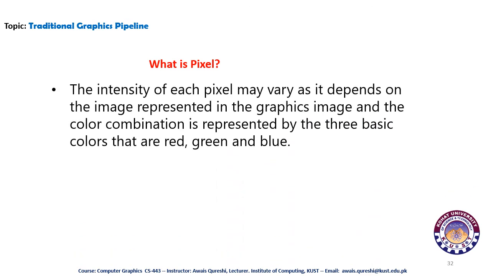The intensity of each pixel may vary as it depends on the image represented in the graphics image, and the color combination is represented by the three basic colors that are red, green and blue. These are also called the components of the image. Every colored image is formed because of these three components, red, green and blue. So the pixel takes these three values in different proportions and forms an image.